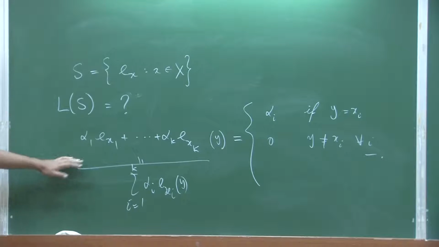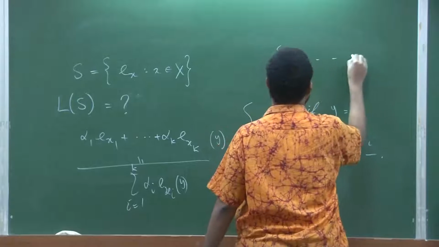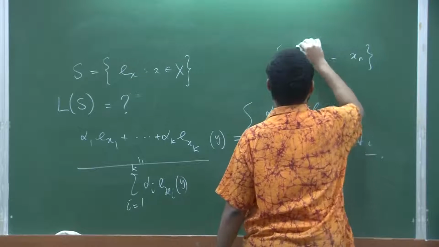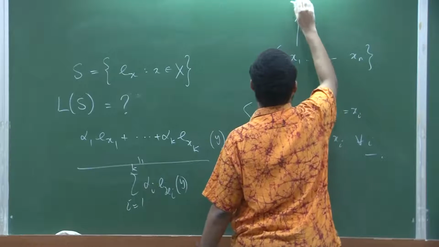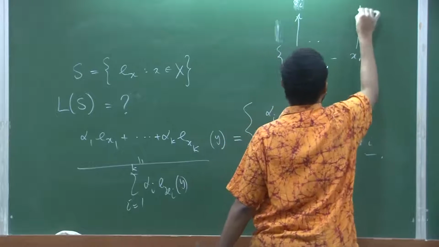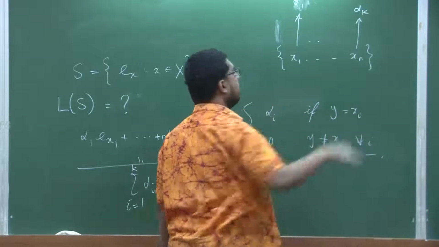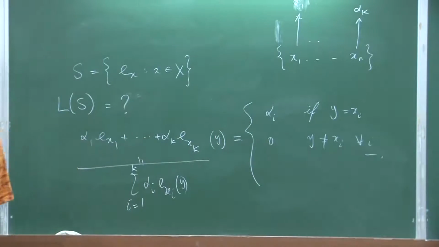So this happens to be the function which takes the values alpha 1 up to alpha k on this finite subset, and it vanishes identically outside that set.